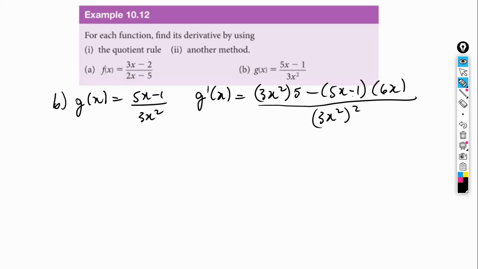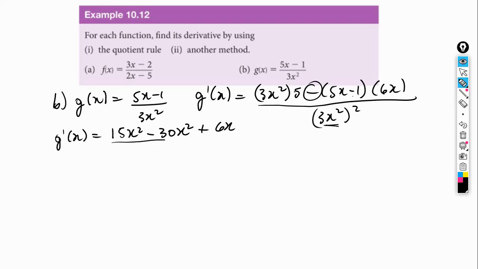Now all we have to do is just expand and simplify. So in this case, we don't have two terms, so it's okay to expand this. So we're going to get that the derivative of g of x is going to equal 15x squared. And then here we have to be careful with the negative, right? So it's going to be minus 30x squared plus 6x.